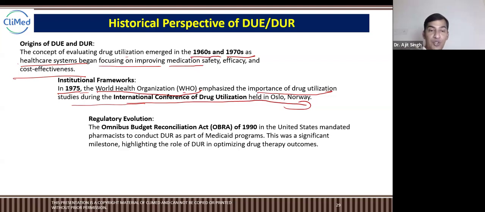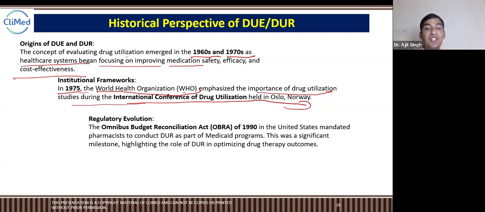After the origin, they came up with the institutional frameworks and then the regulatory evolution. See, after the institutional framework, there should be something which can review those guidelines, which can take control over these things and help in these things, right? So that is regulatory evolution. And regulatory evolution came from OBRA.